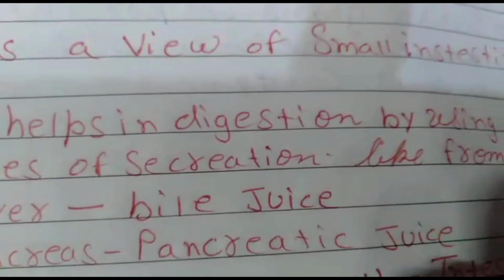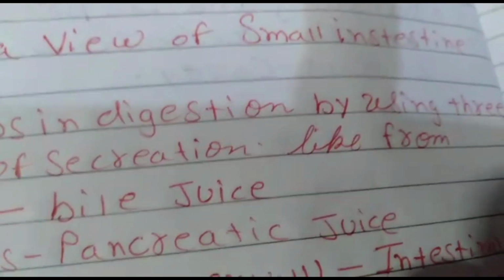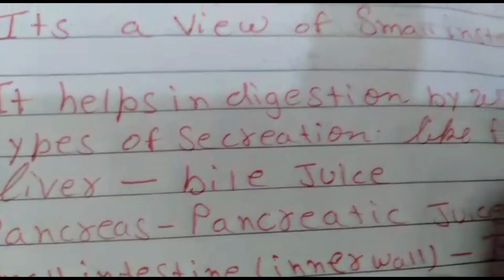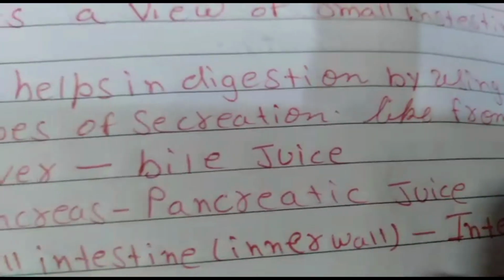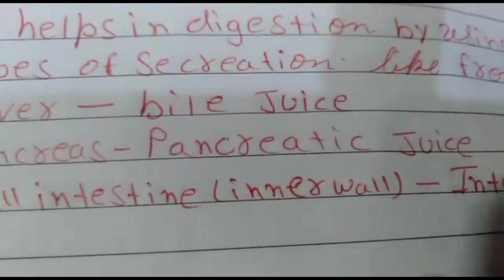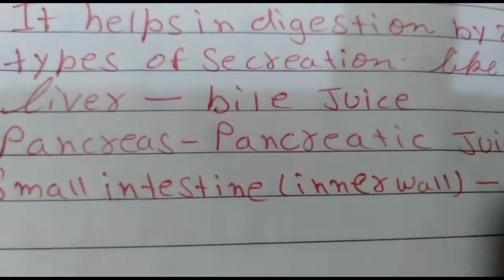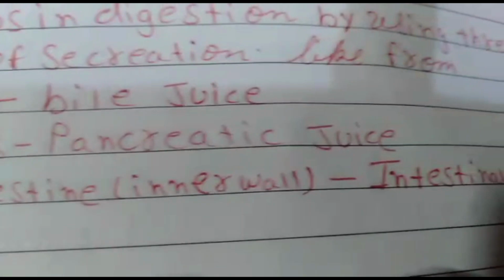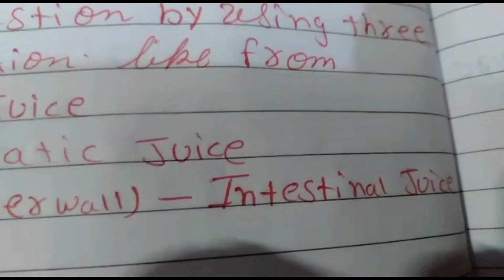Third is a view of the small intestine. It helps in digestion by using three types of secretions: liver, bile juice; pancreas, pancreatic juice; and the small intestine inner wall secretes intestinal juice.